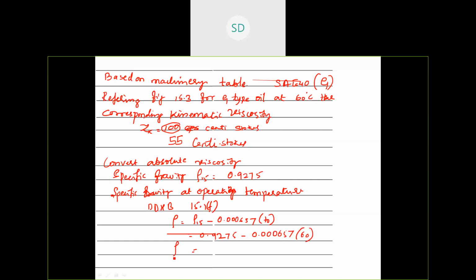Now you will get the specific gravity at that temperature. Someone will calculate and provide the answer in the chat box. How much are you going to get? 0.88, sir. I just typed in the chat box.